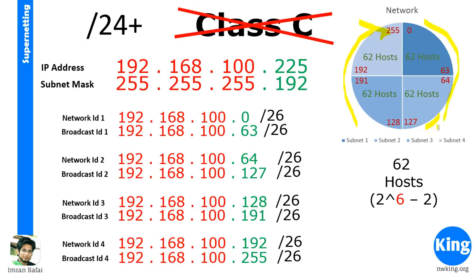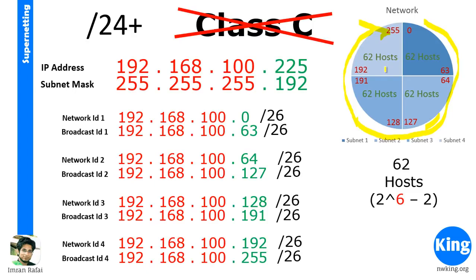So it started from here and it ended here. All these 256 IP addresses were included in 192.168.100.0/24. Now we broke it down into 4 networks: 192.168.100.0, 100.64, 100.128, 100.192, all /26.